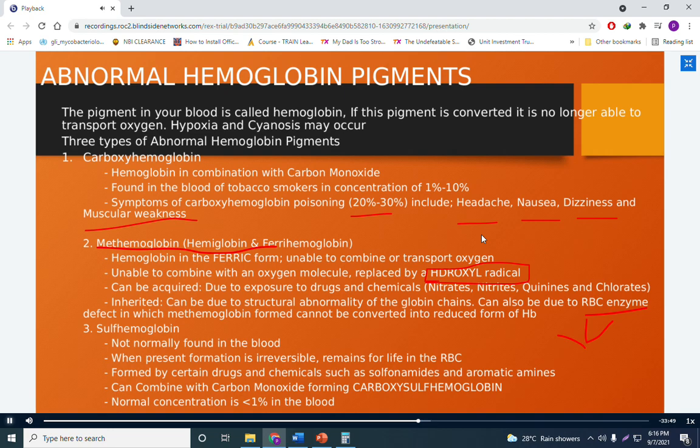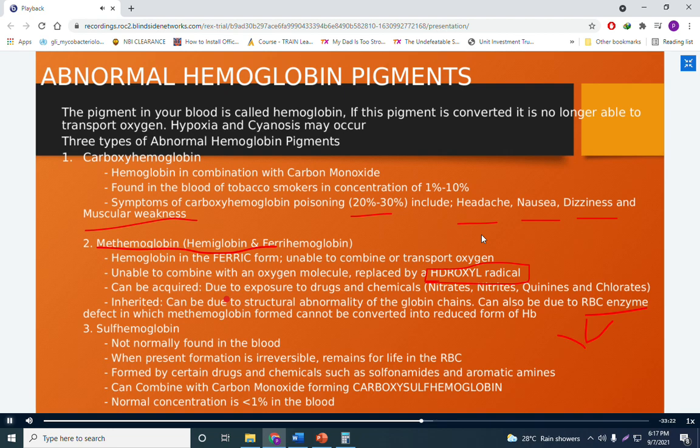Alright, very good question. It's your cytochrome. Very good, Dennis. Your methemoglobin reductase or your cytochrome B5 reductase. What pathway is involved in this inherited condition? So your MRP, the methemoglobin reductase pathway.